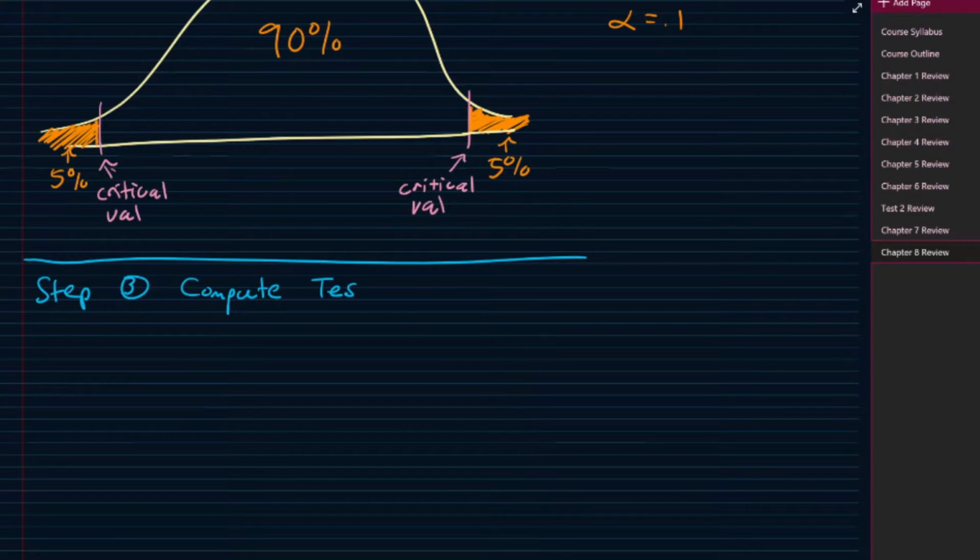So this is going to be the value from a specific test, and we're going to see if the data in this specific experiment leads us to rejecting or accepting the null hypothesis.